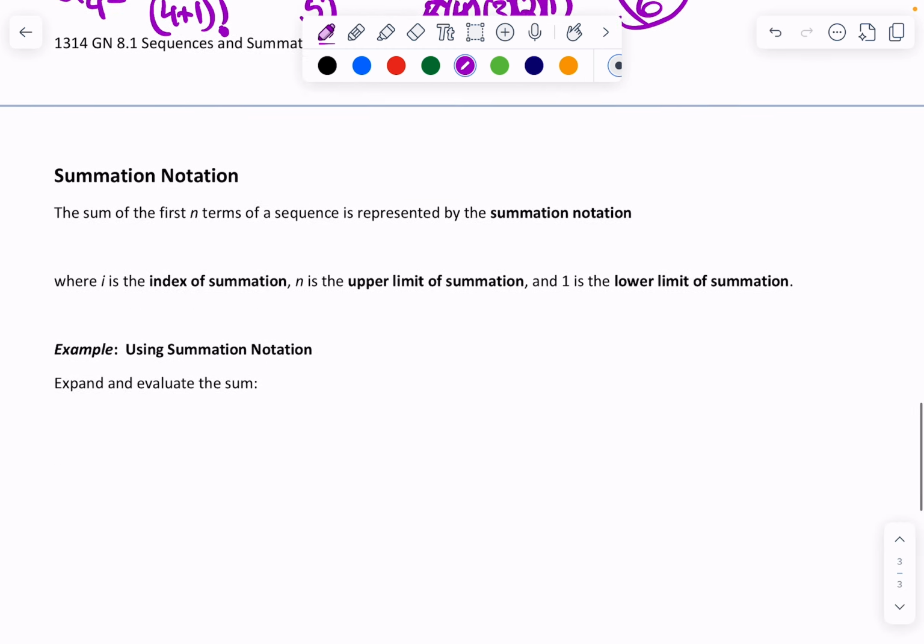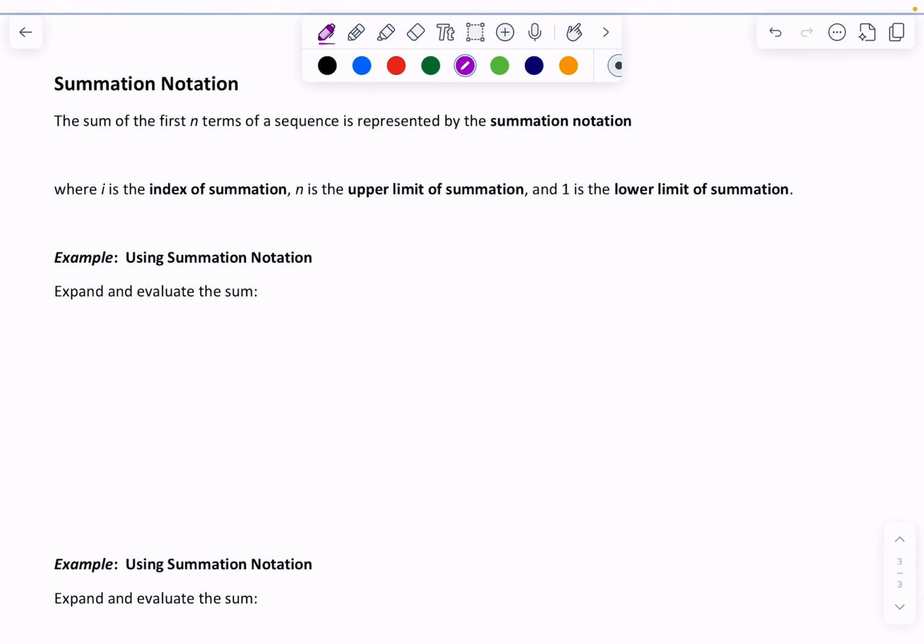Okay, next we're going to look at summation notation. The sum of the first n terms of a sequence is represented by the summation notation. It's a capital sigma.